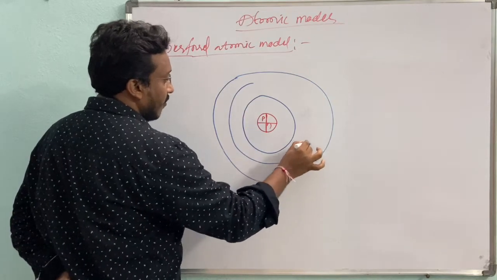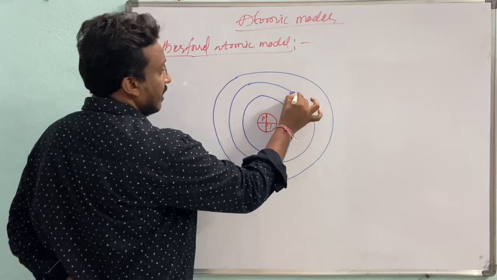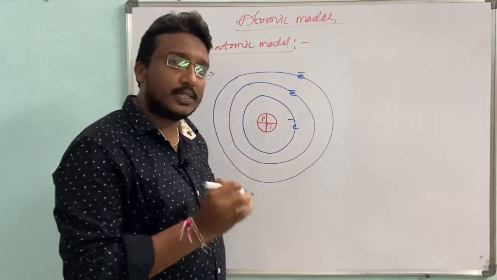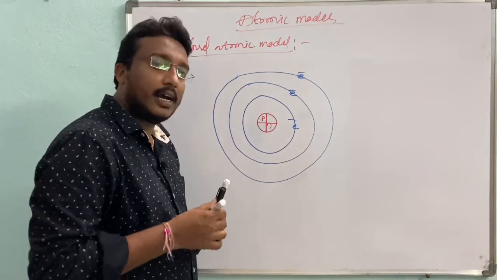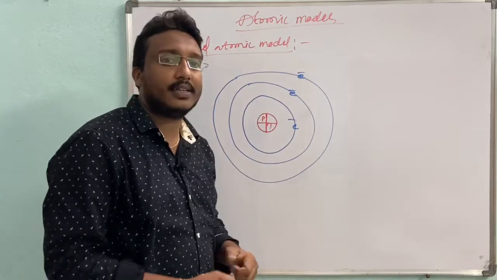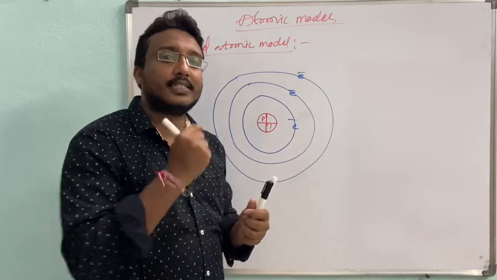Electrons revolve around the nucleus. He said that the nucleus is formed by the protons and neutrons, and electrons are not a part of the nucleus. They revolve around the nucleus like planets revolve around the sun.